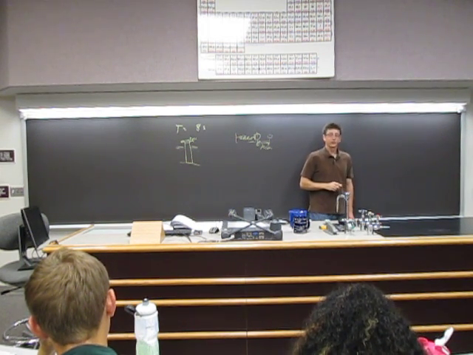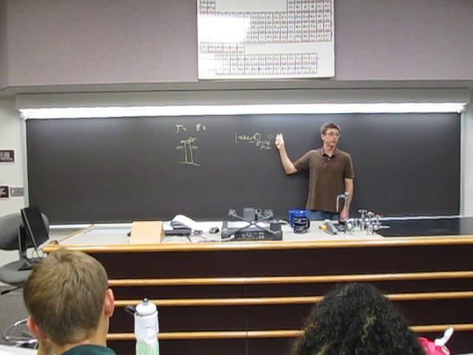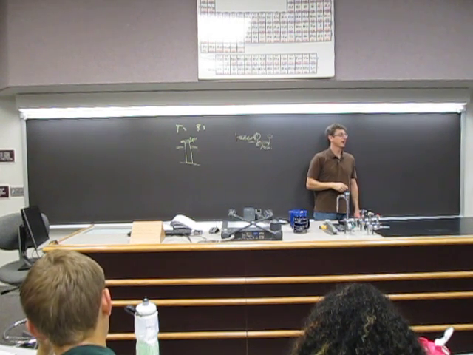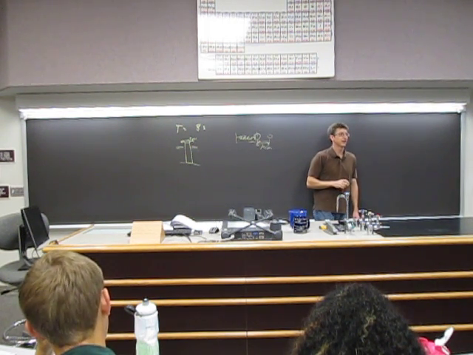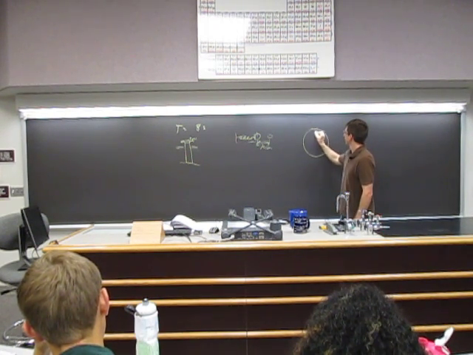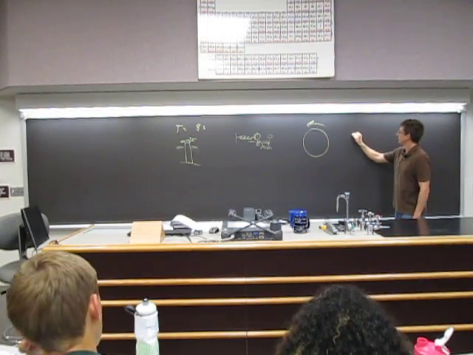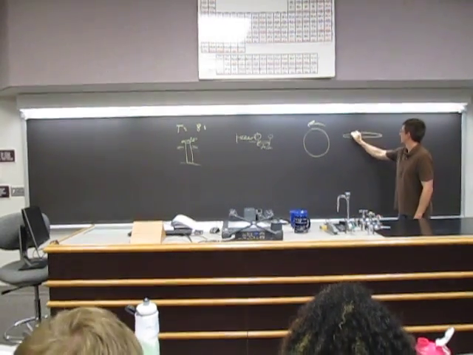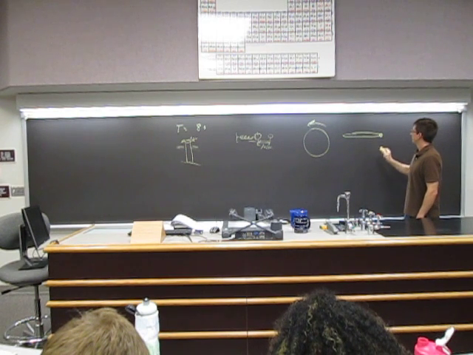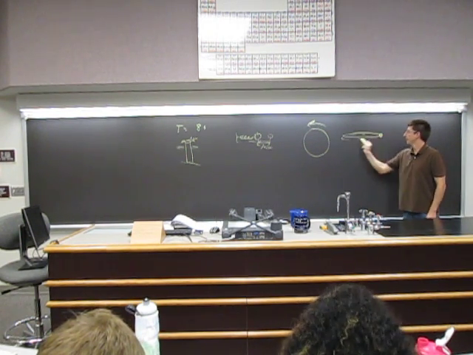So if you recall, for simple harmonic motion, we could think of this mass on this spring going back and forth as the x position of a point on the edge of a circle that's spinning. If I look at it from the side, this edge goes back and forth.